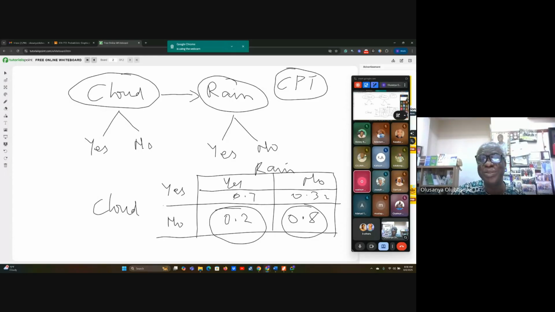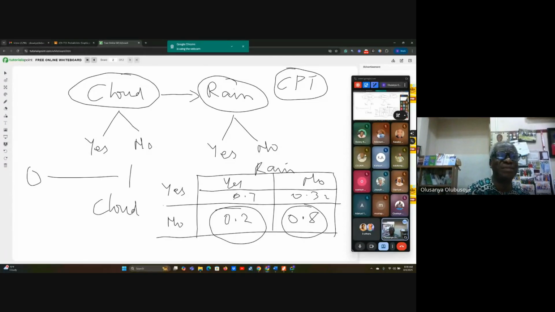Excellent. So if we observe the cloud and it's not cloudy, then the chance that there will be no rain is 80%. That's the way I want you to understand it. You should know that the probability value lies between 0 and 1. When it is 1, it is certain; there is no doubt it will happen.